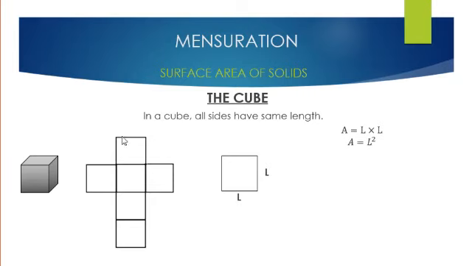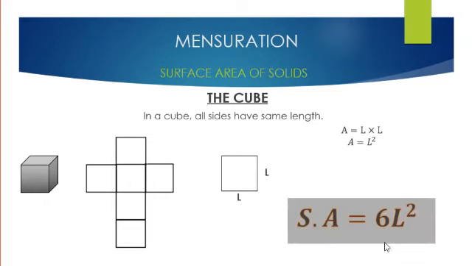So what we do to find the total surface area of a cube is simply multiply the area of one square in the cube by all the sides, and therefore surface area will be equal to 6 multiplied by L squared, hence giving us 6L squared. So we can use the formula 6L squared to find the total surface area of a cube.